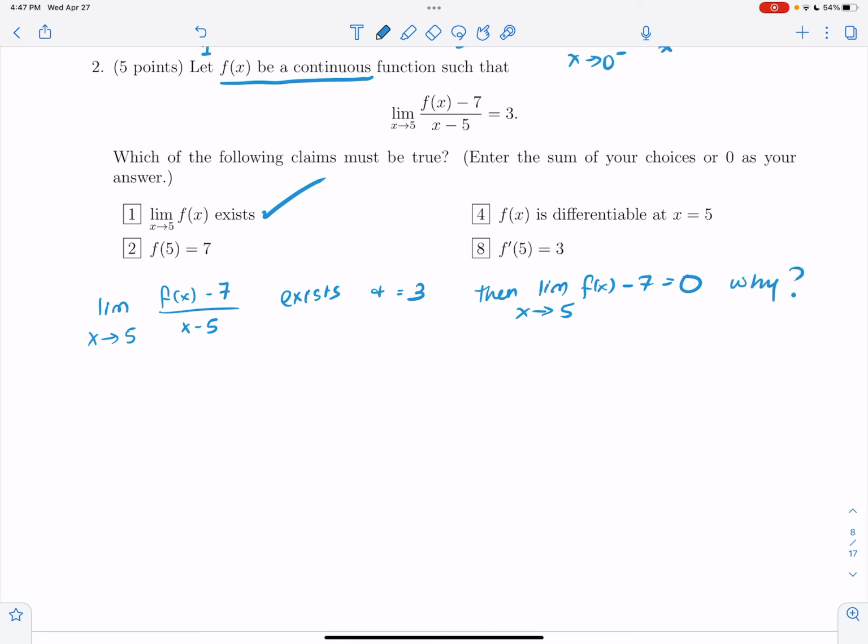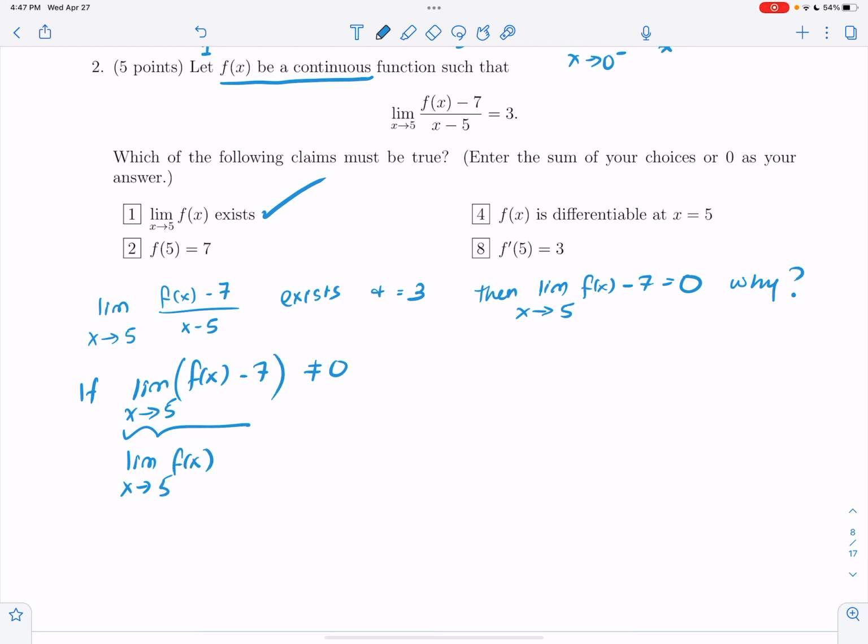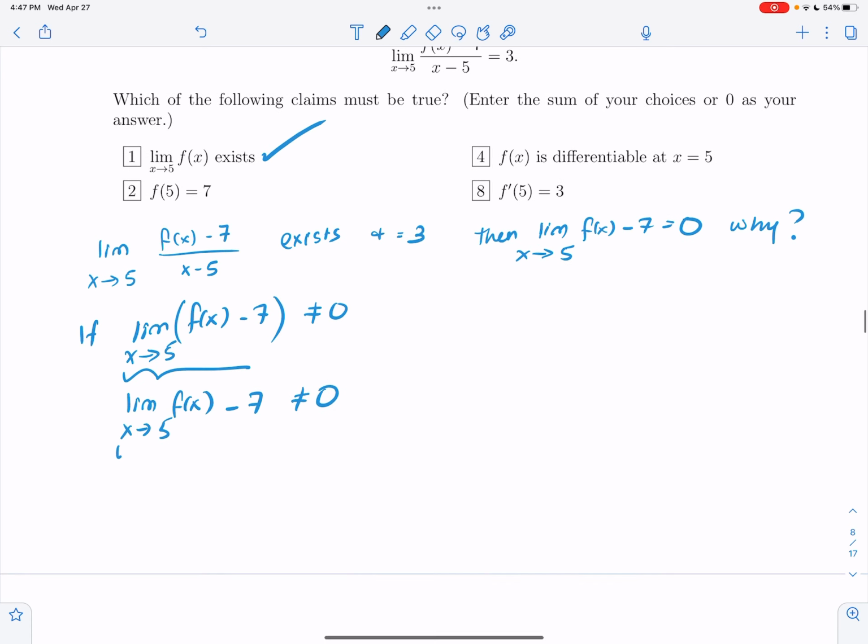Well, here's why. If the limit as x approaches 5 of f of x minus 7 is not equal to 0, but what is this? This is the limit as x approaches 5 of f of x, which exists because f is continuous, minus 7, not equal to 0. Since f is continuous, this is f of 5 minus 7 not equal to 0.